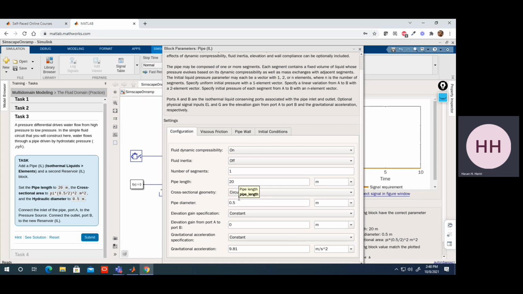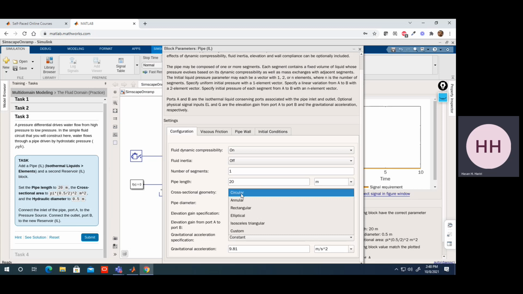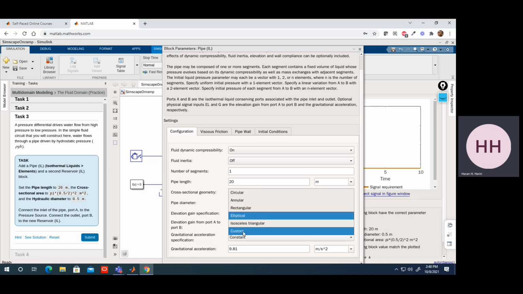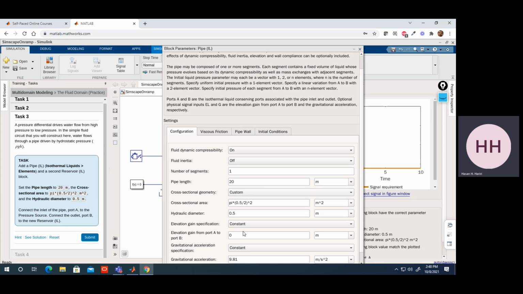Okay, pipe length of 20, well, I can keep it custom, and that's what they are doing.